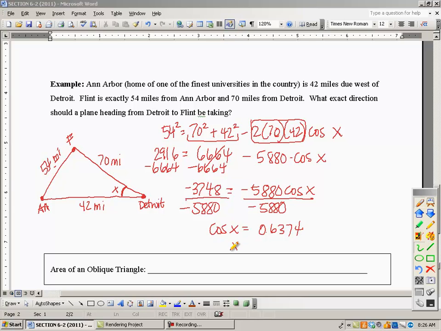So to find the angle, we inverse cosine, and you get about 50.40 degrees. If you want to just say 50.4, that's fine too. But that's the idea: you're probably going to need your picture to figure out which side relates to which angle. Okay, so there's our story problem.